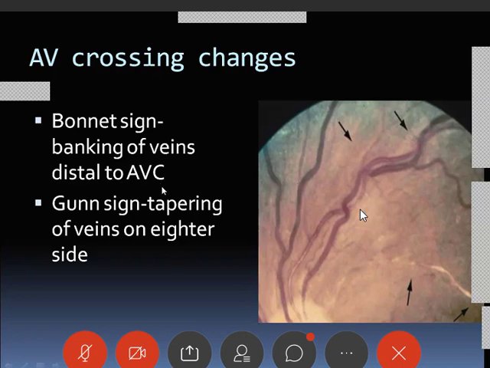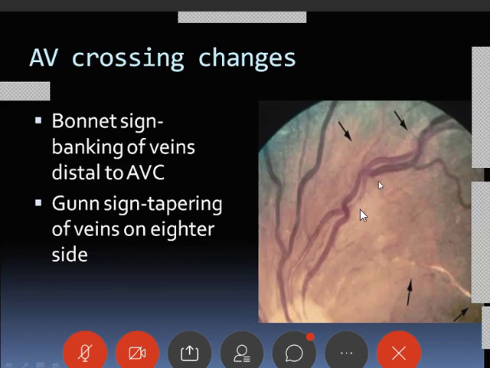Here is an AV crossing, and we can see banking of the vein distal to it. This is known as Bonnet sign. The other sign is Gunn sign, which is tapering of the veins on either side of the AV crossing.